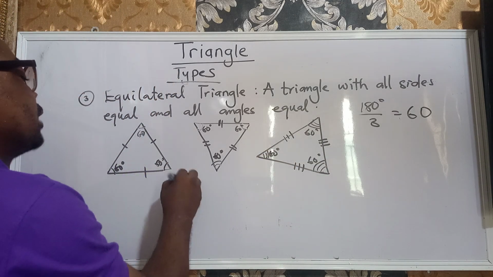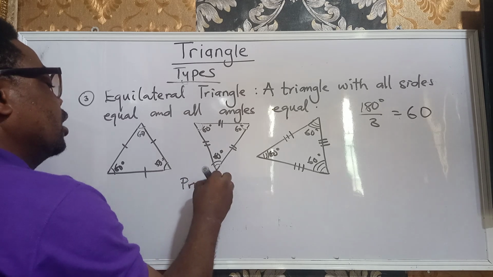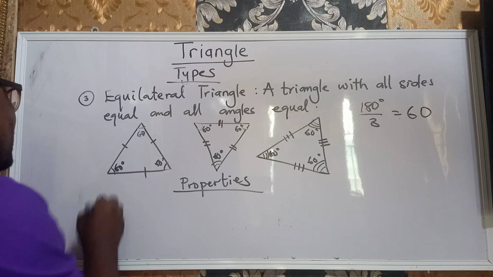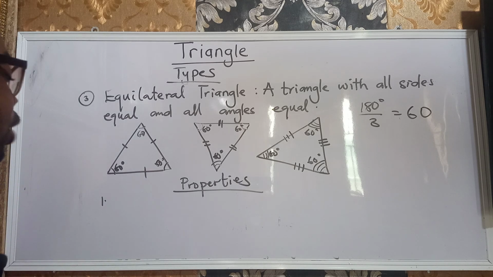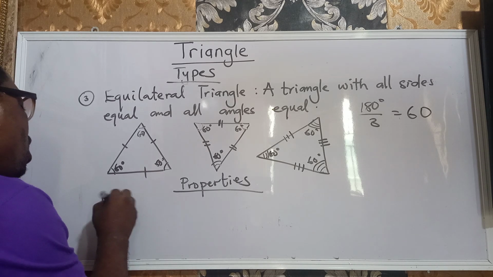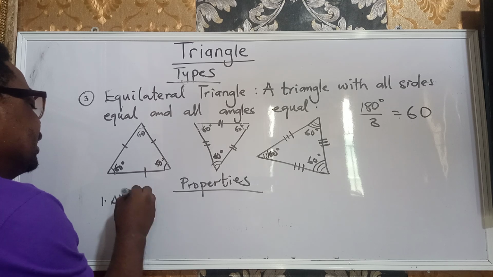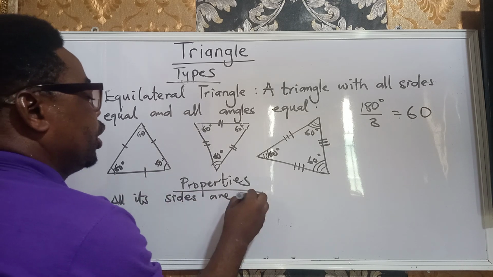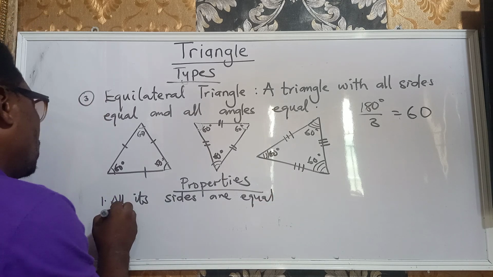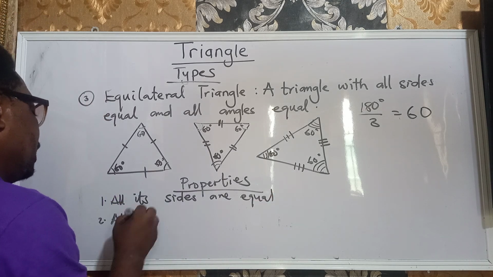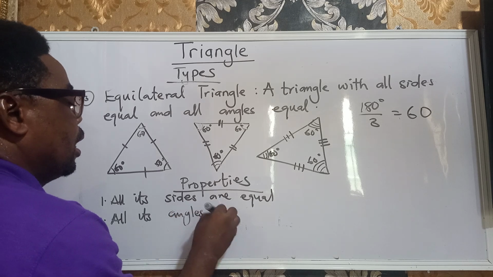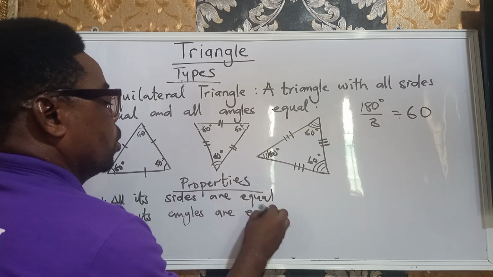Now let's talk about the properties that are unique to this type of triangle. Number one, I know you can say it now, we are owning it already. All its sides are equal. Two, all its angles are equal.